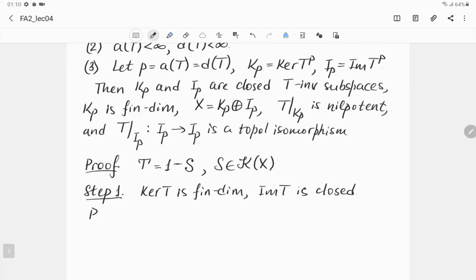Okay, so the proof of step 1 is quite easy. First of all, let K denote the kernel of T. So T vanishes on K, and this means that S restricted to K is the identity map of K onto itself.